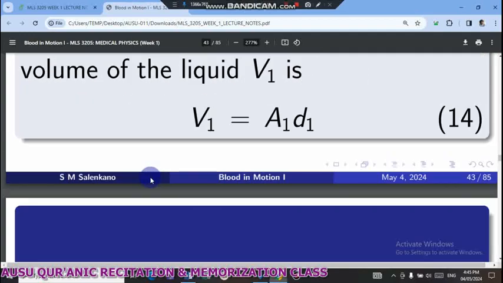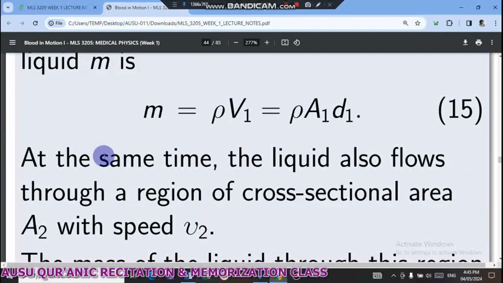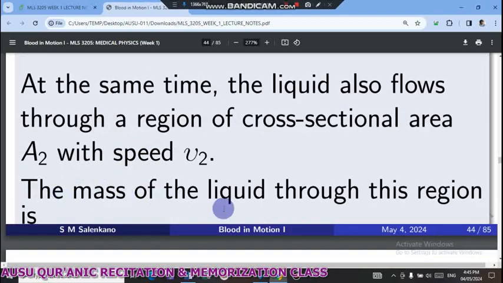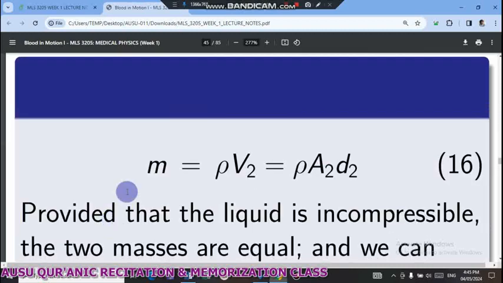So what are they going to say now? But remember, the mass is constant. There is conservation of mass. So they say the mass of the liquid through this region is, we do not call it M2, and we didn't call that first mass M1, because the mass is the same. There is conservation of mass in the process.